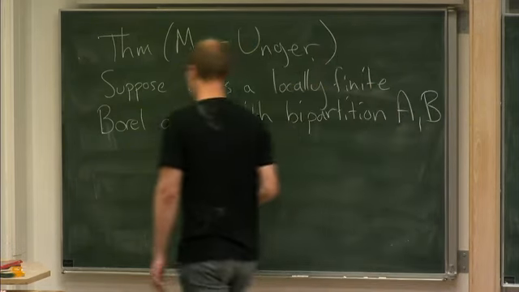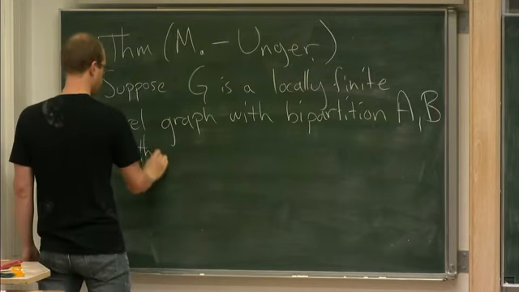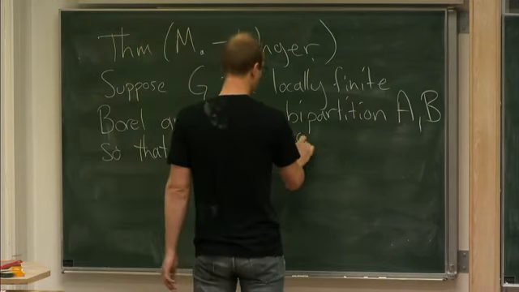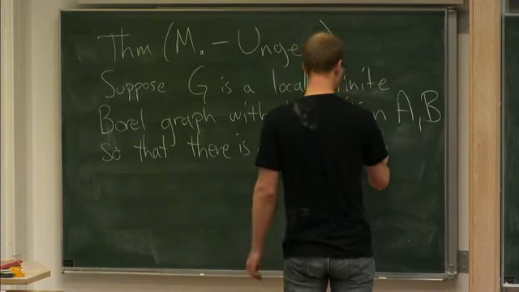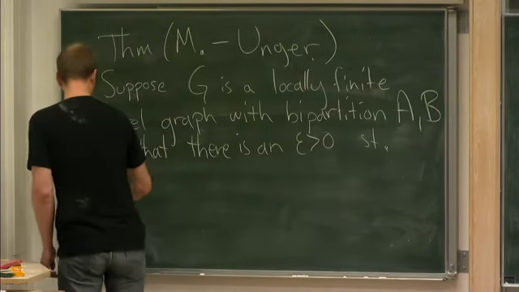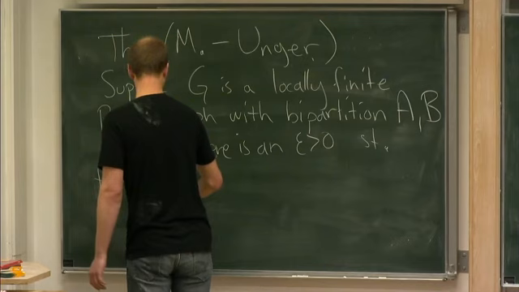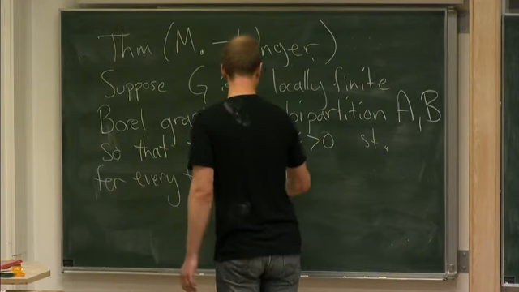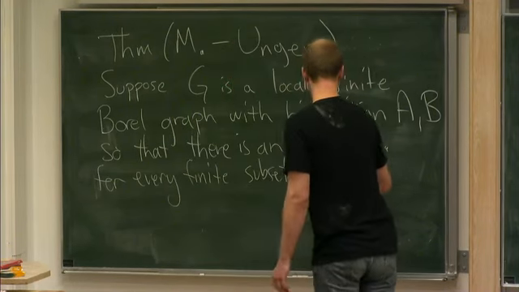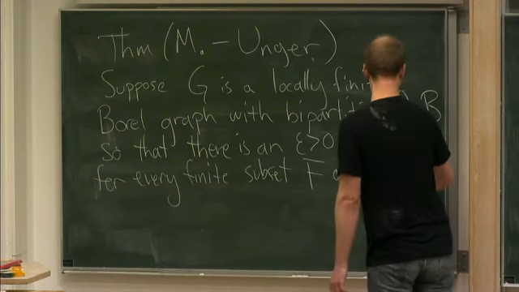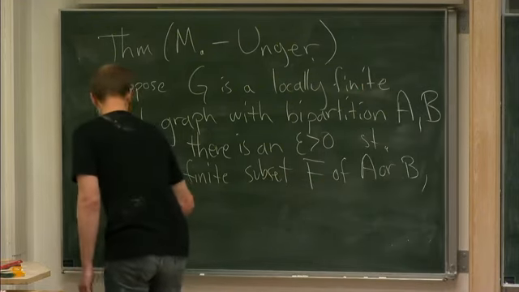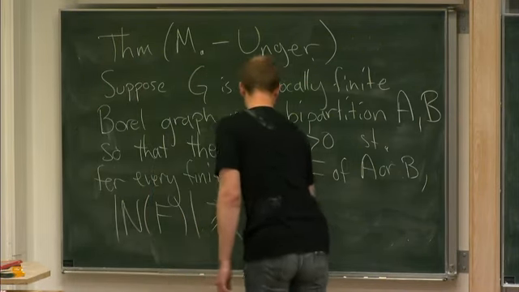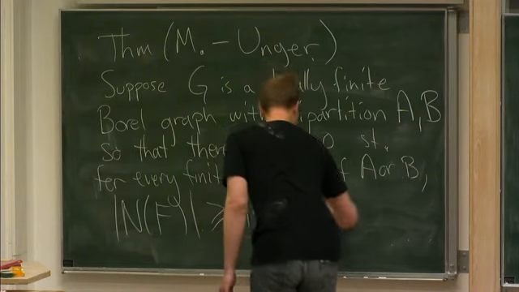A and B, and so that there is an epsilon greater than 0 such that for every finite subset F of A or B, the set of neighbors of F is at least as large as 1 plus epsilon times the size of F. Okay.